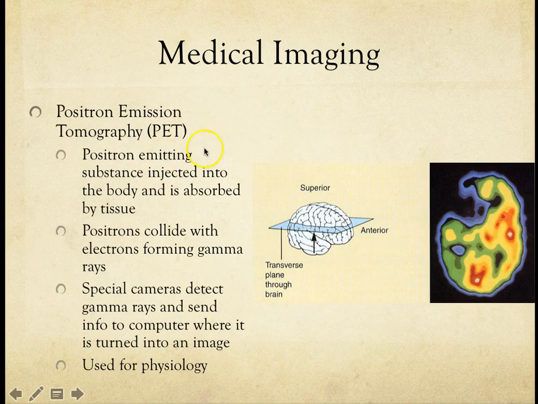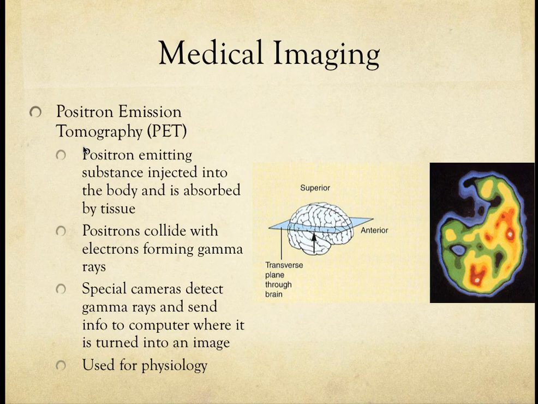PET scans are kind of cool. So what ends up happening with a PET scan is that you have a substance that emits what are known as positrons. Usually the substance is going to be a specially manufactured glucose, right? So glucose, as you know, is the main sugar that all your body cells are using for energy and to make ATP, right?